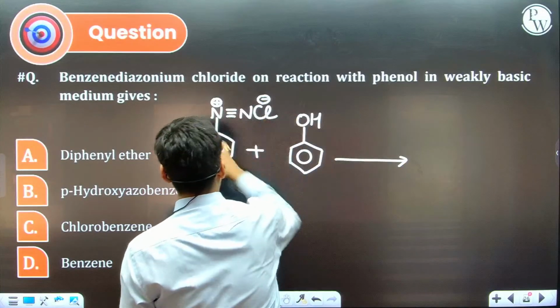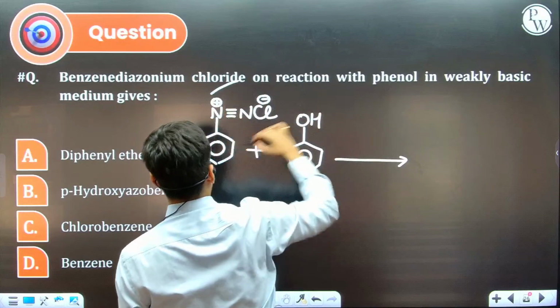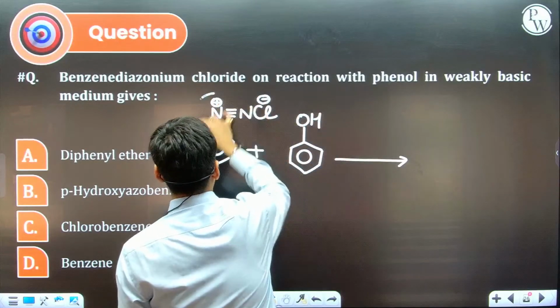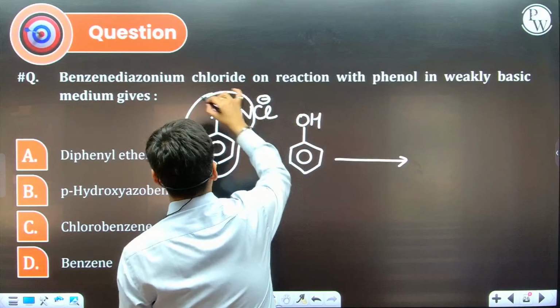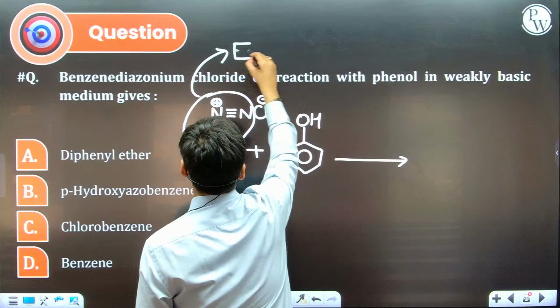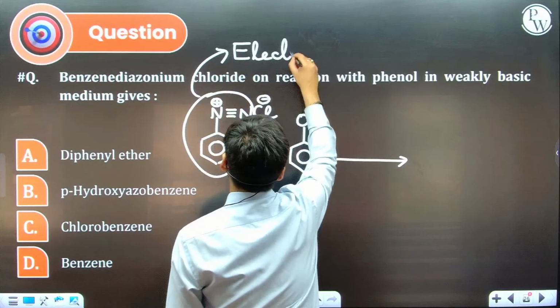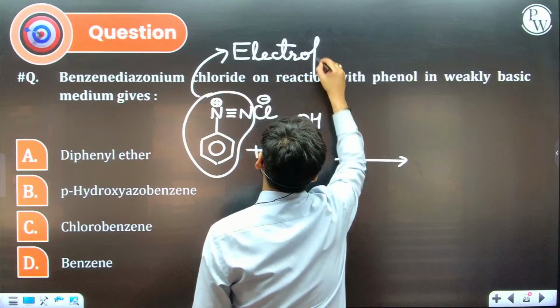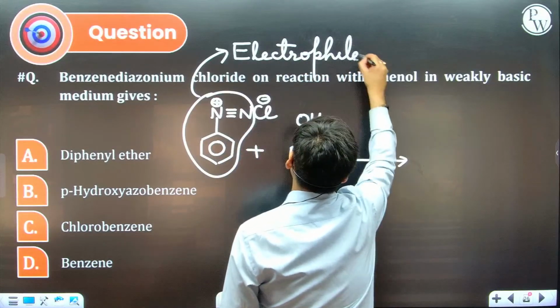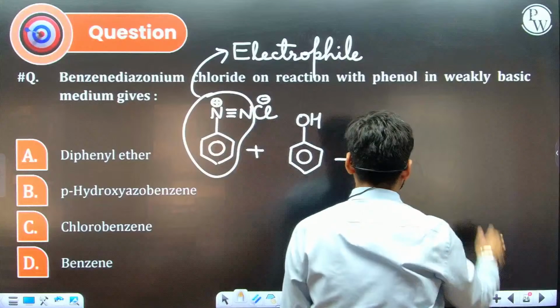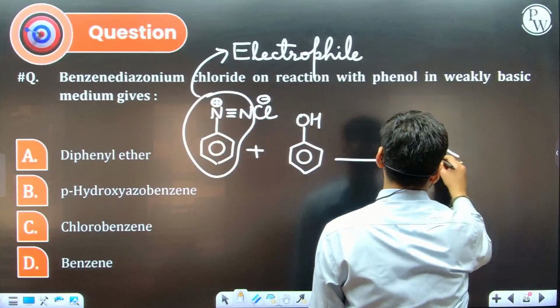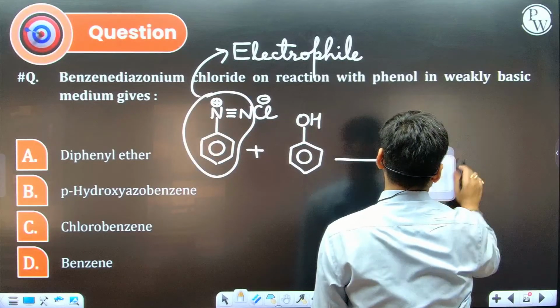Now remember, this acts as an electrophile. This is the electrophile. So the benzene diazonium ion acts as the electrophile, and EAS happens, that is electrophilic aromatic substitution happens, and we get this as the product.